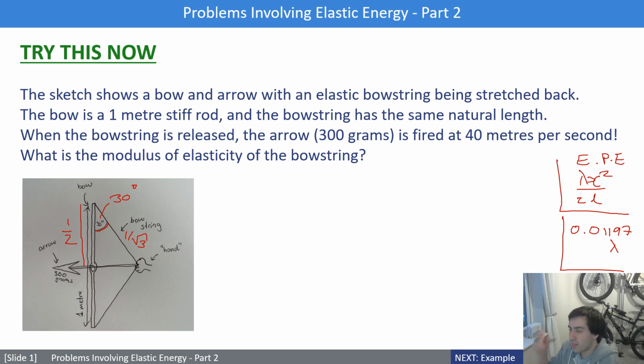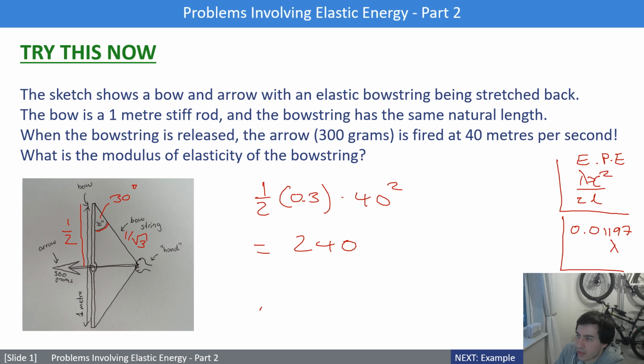So therefore that elastic potential energy, once the bow has reset back to its natural length, is going to be fully converted to kinetic energy. The kinetic energy of the arrow is going to be a half times its mass, 0.3, times 40 squared. In this case, that comes to 240.